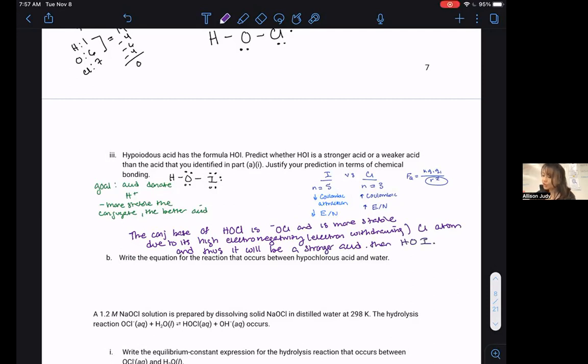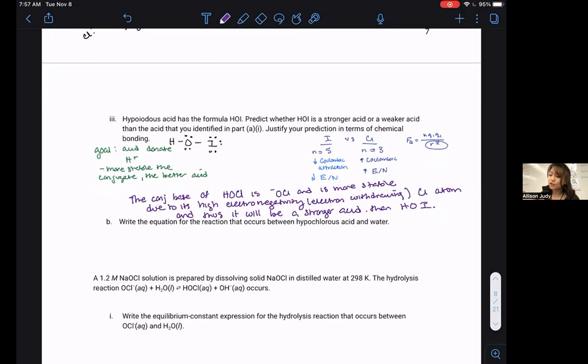So the conjugate base of HOCl is OCl minus, and it is more stable due to its high electronegativity or electron withdrawing Cl atom, and thus it will be a stronger acid than HOI. So that's kind of how you should think about this problem, and hopefully much quicker than I said it or wrote it.